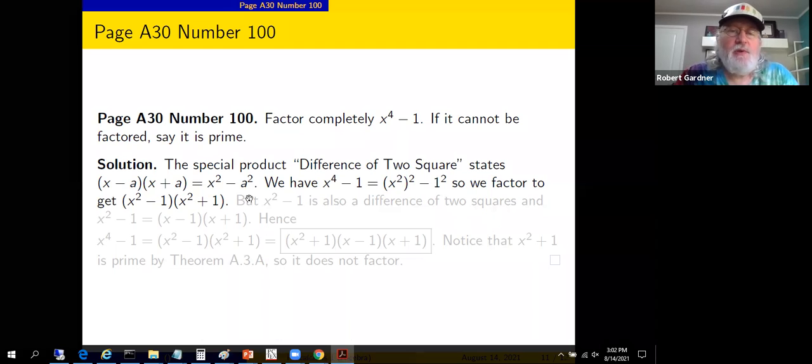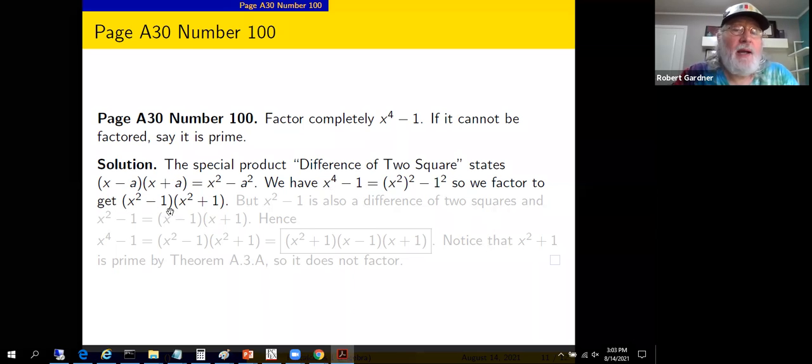In other words, the x here is playing the role x squared over here. So we'll take this x squared and plug it in there and there and there, leading us to the factors x squared minus 1 times x squared plus 1 equals x to the 4th minus 1.